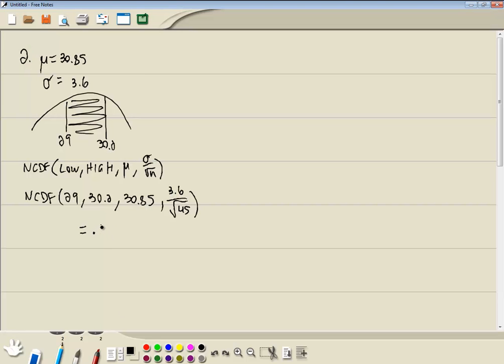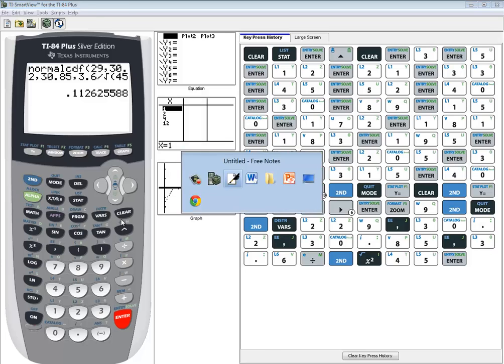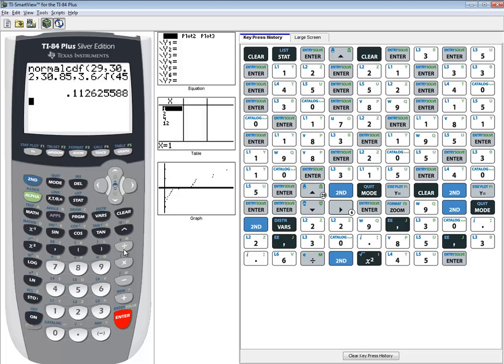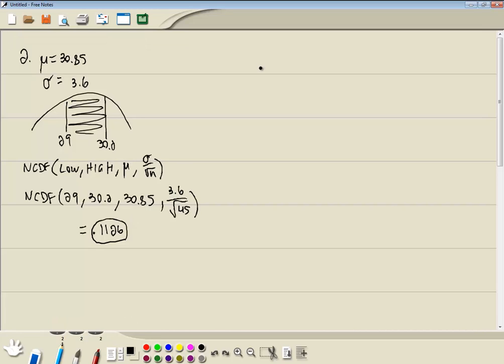And we get 0.1126. And that would be our answer. Just double checking my numbers here. 30.85. Okay, that's good.